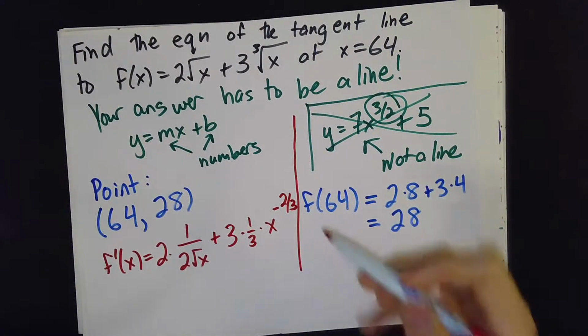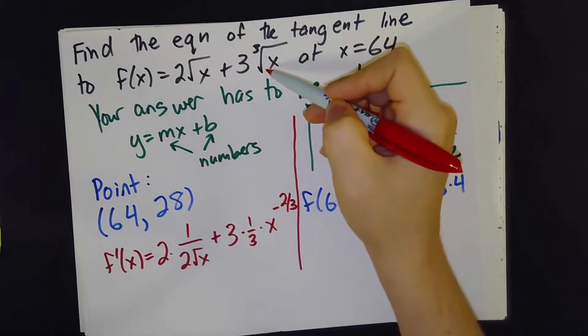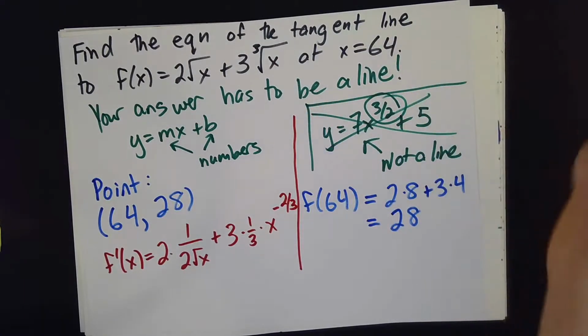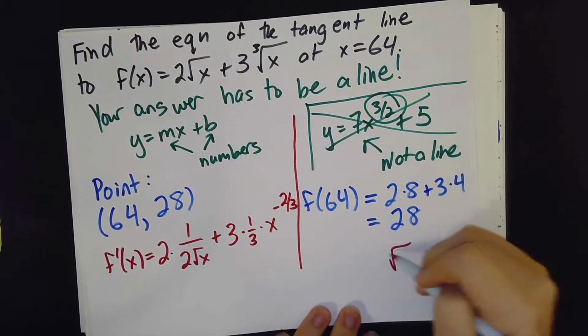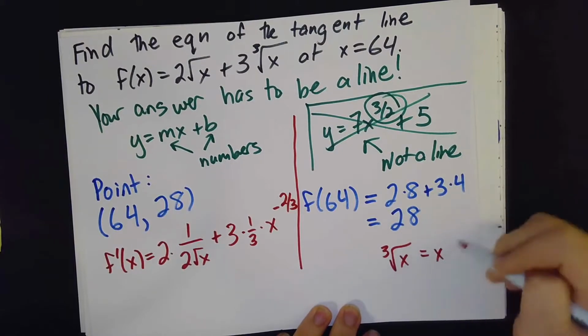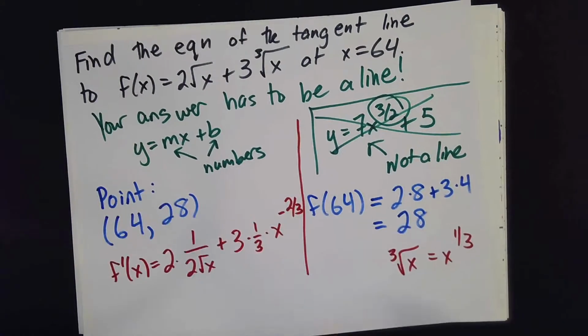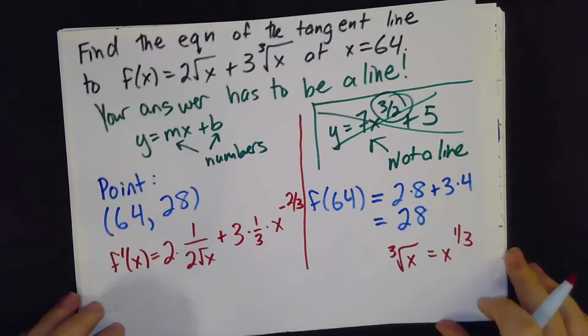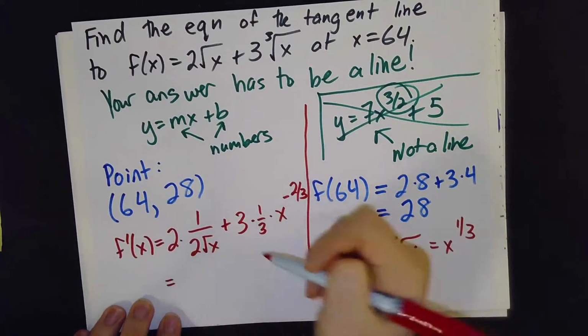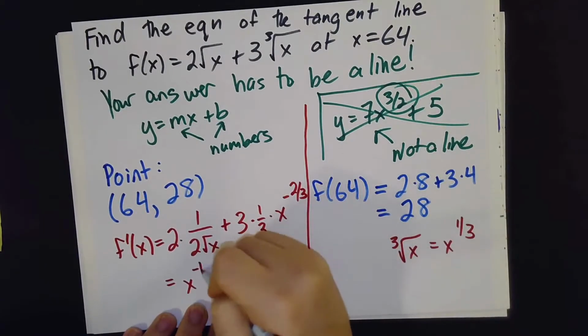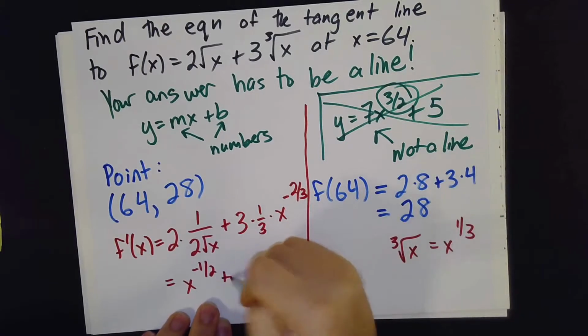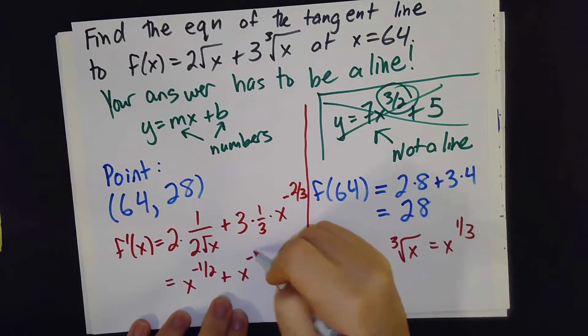And the way I know this is the derivative of cube root of x is that cube root of x, remember, is the same thing as x to the 1/3. So I just use the power rule. Okay. So this works out to be x to the minus 1/2 plus x to the minus 2/3.